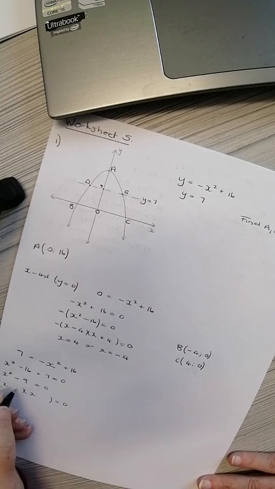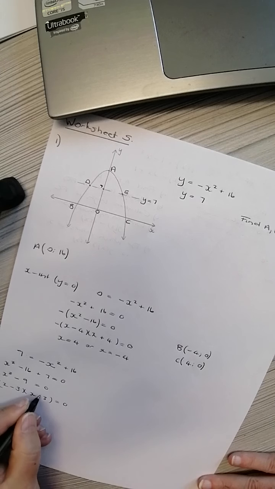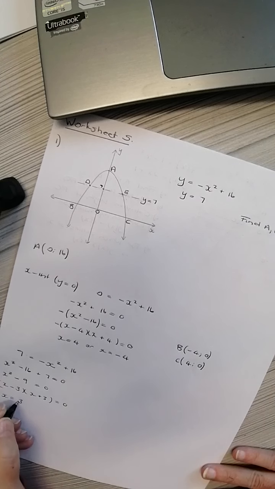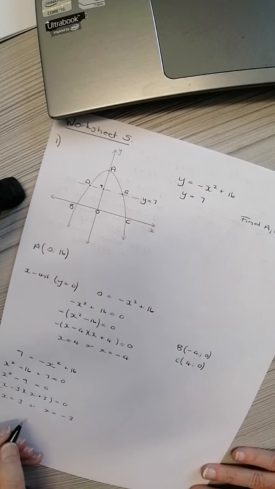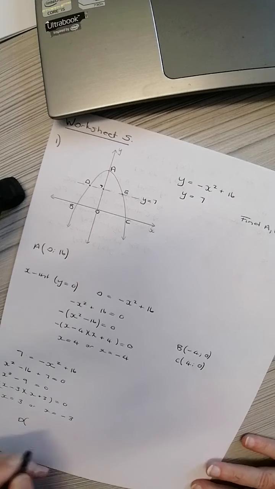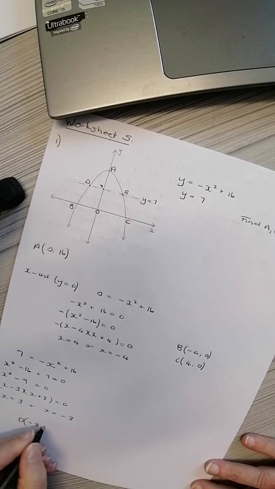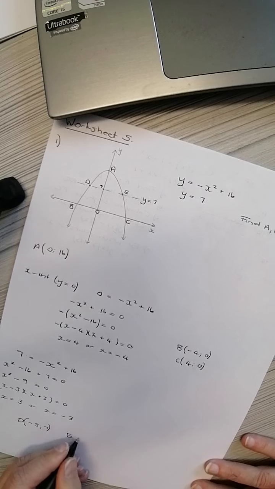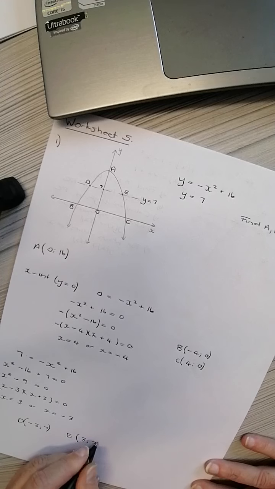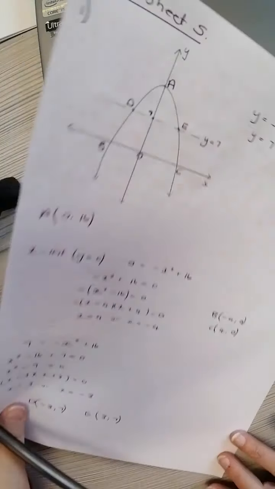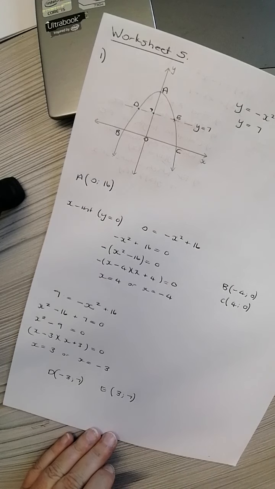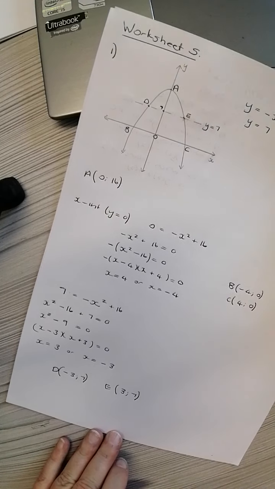Factorize: (x minus 3)(x plus 3). So x equals 3 or x equals minus 3. Now you can see D is (negative 3, 7) and E is (positive 3, 7). Did you see that? I hope you did.